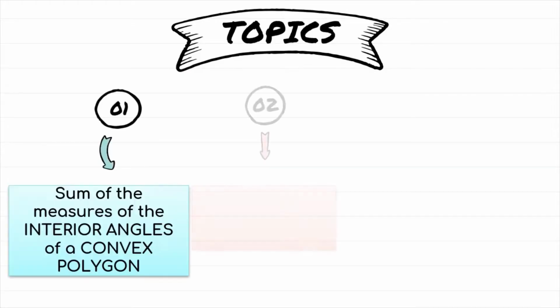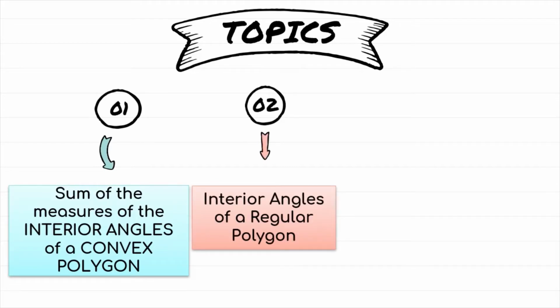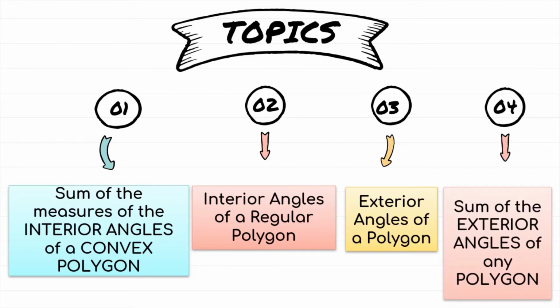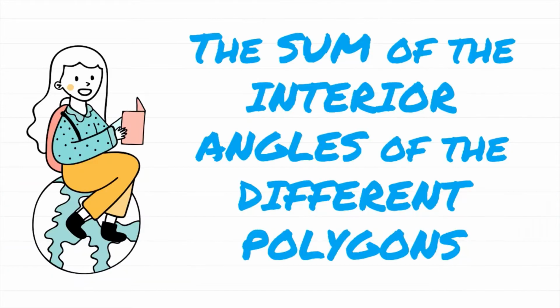Yung mga topics na ating i-discuss ngayon ay una, sum of the measures of the interior angles of a convex polygon, and then next is the interior angles of a regular polygon. Next po is exterior angles of a polygon, and then sum of the exterior angles of any polygon. Umpisa natin sa the sum of the interior angles of the different polygons.